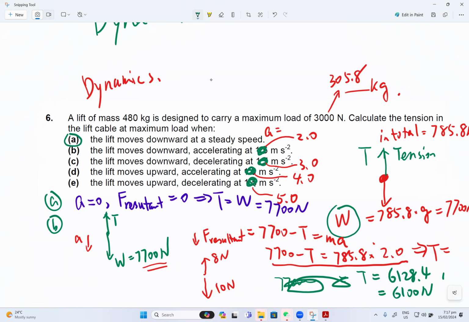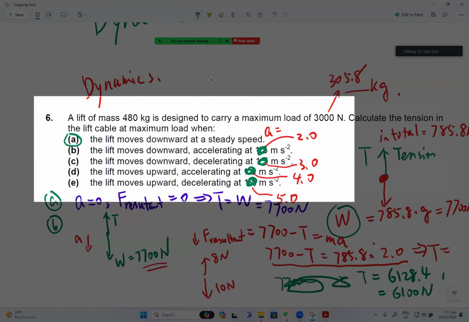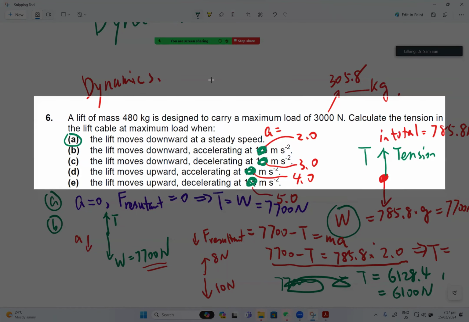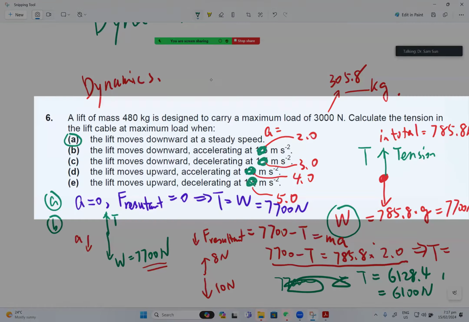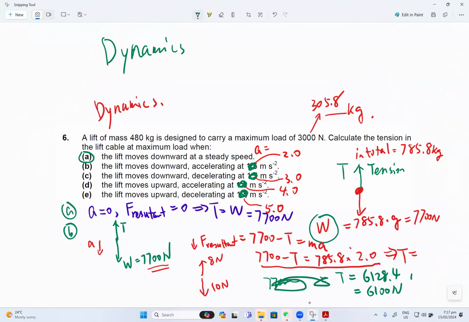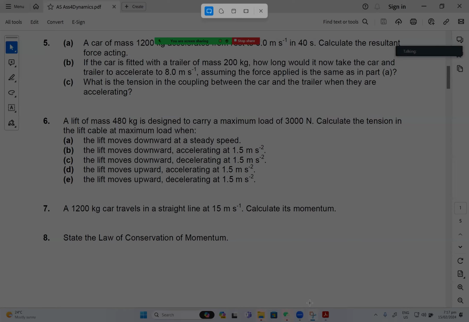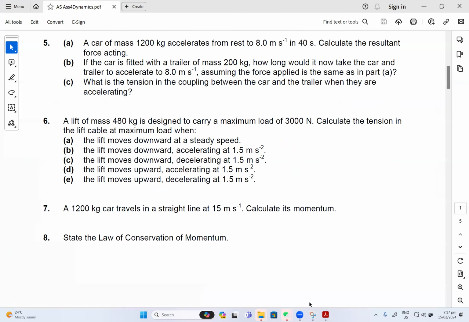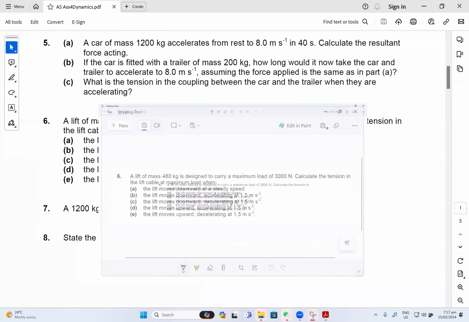Okay, because we try to make these notes a bit better, I rewrite the important part now. We need to calculate the tension. Check the key idea.